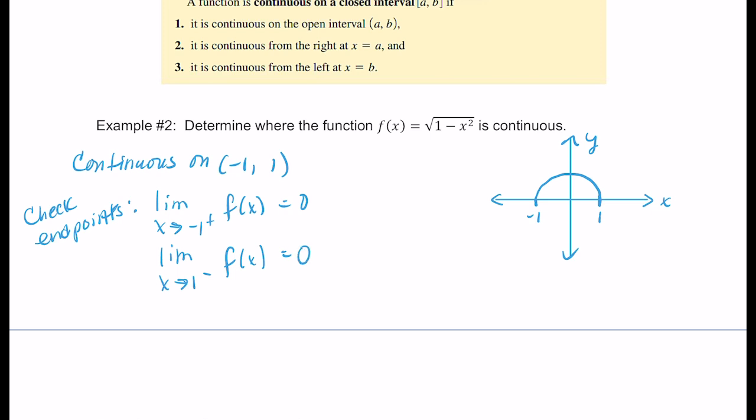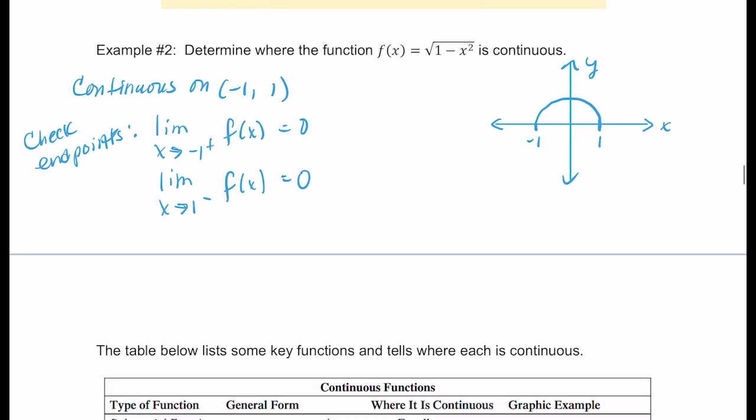Now you might ask why I didn't check the limit as x approaches negative 1 from the left. That's because there is nothing over there. The graph doesn't exist to the left of negative 1. Same reason why I didn't check the limit as x approaches 1 from the right, because the graph doesn't exist over here on the right.